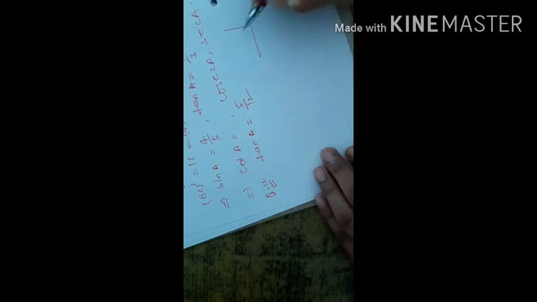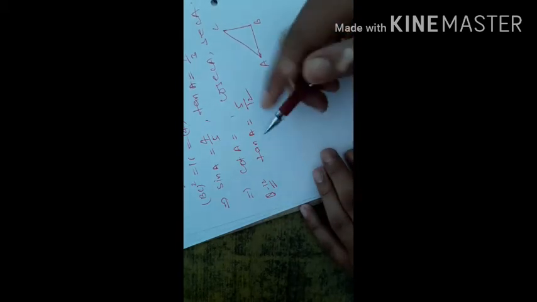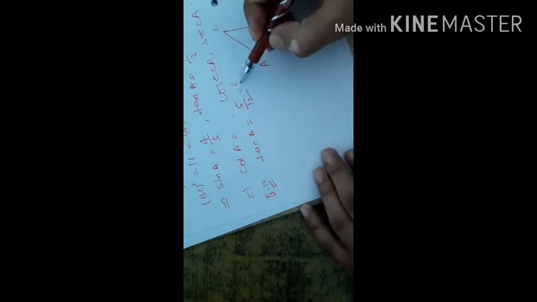So now make a right angle triangle. In the question, it is given that angle A is an acute angle. So we have made a right angle triangle. Tan A, that means perpendicular upon base. The value of the perpendicular is 5, the value of the base is 12. So what will be the value of hypotenuse?